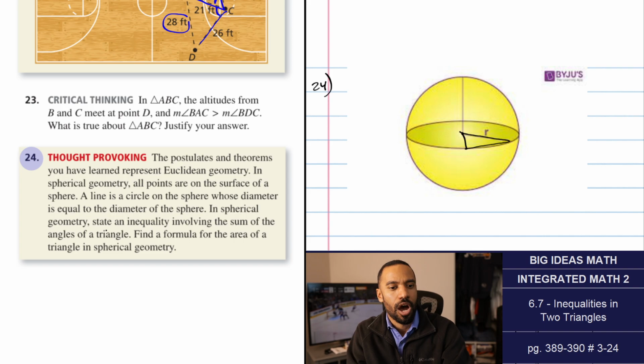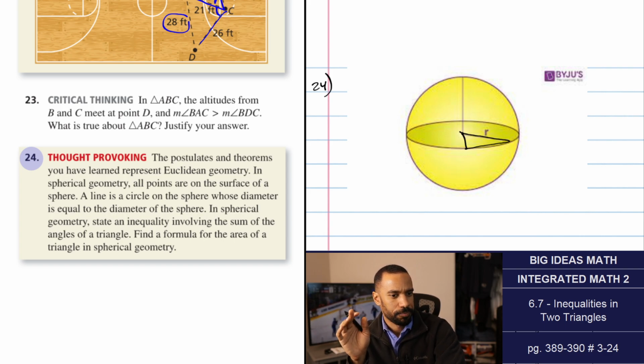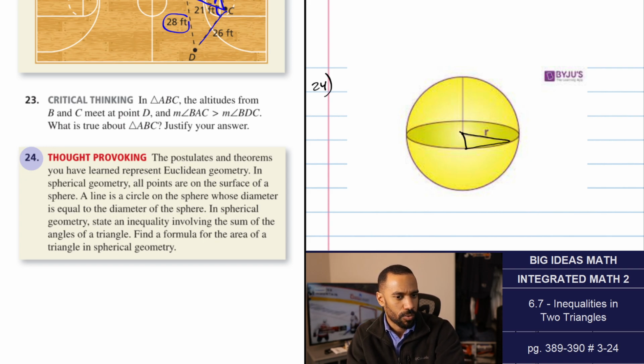Okay, here, let me try it again. All points are on the surface of a sphere. A line is a circle on the sphere whose diameter is equal to the diameter of the sphere. Got it. In spherical geometry, state an inequality involving the sum of the angles of a triangle.